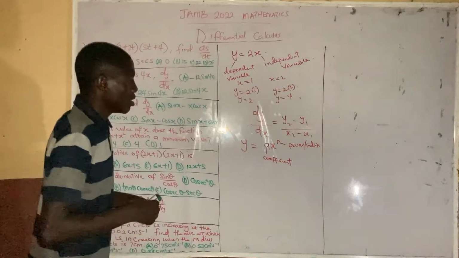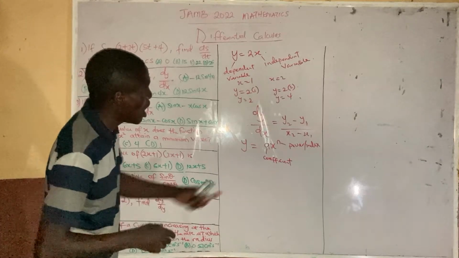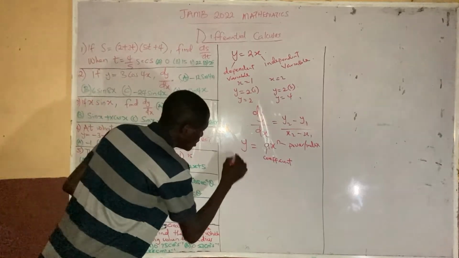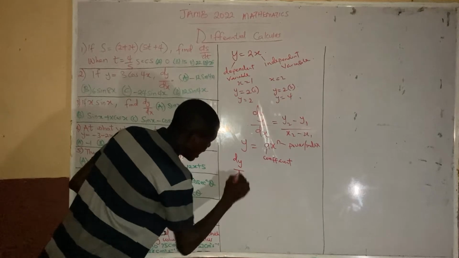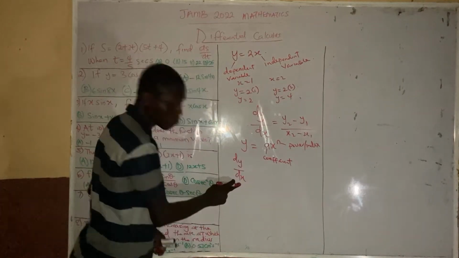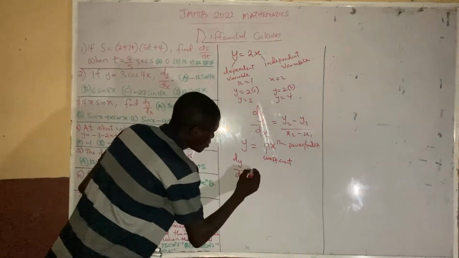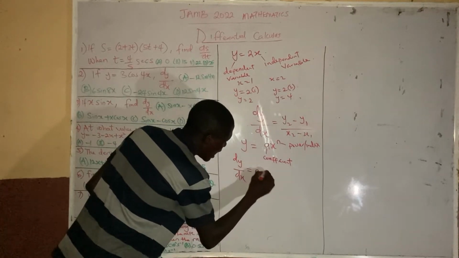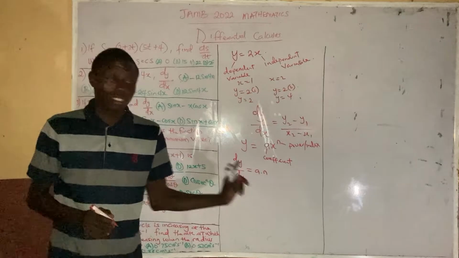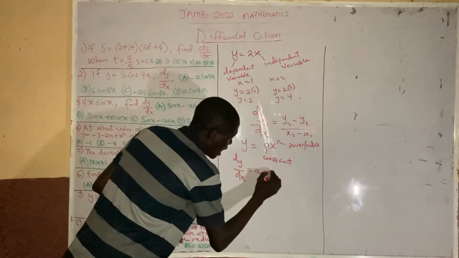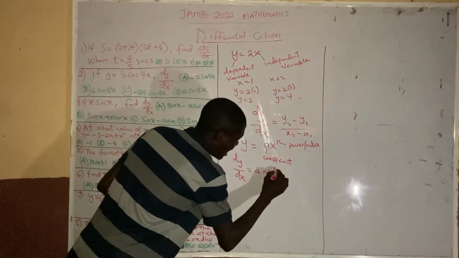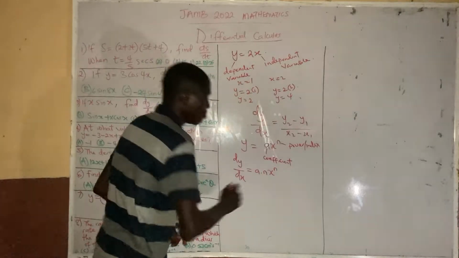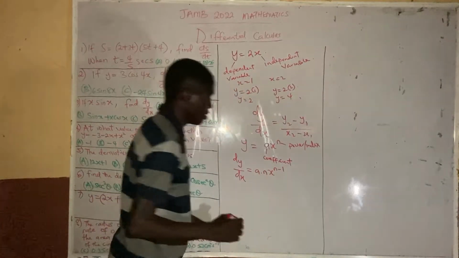So if I want to write the differential of this, it will be dy/dx, that is change in y with respect to x, is equal to n times a, that is a·n, the dot means multiplication, x raised to power n, then you remove 1 from the power, minus 1.